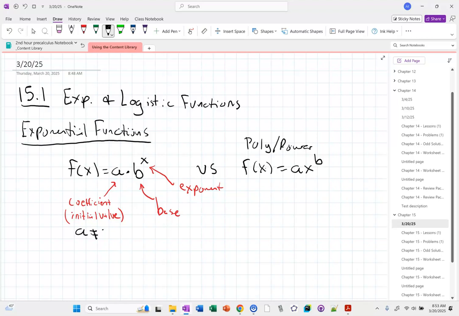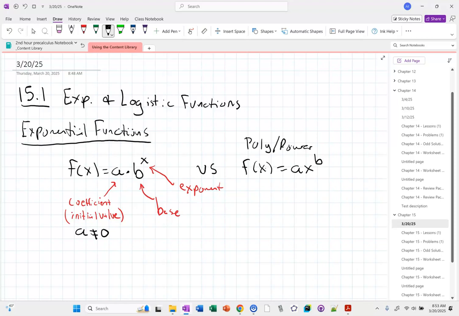We're not going to count it as an exponential function if that coefficient is 0, because 0 times anything is just 0. That's a constant function now. We don't want to include that. So that leading coefficient out front has to be non-zero.